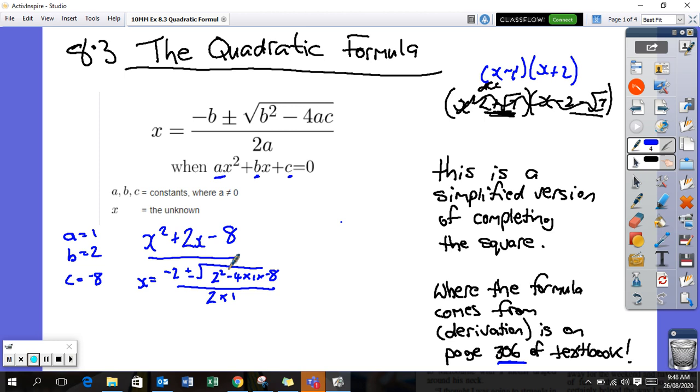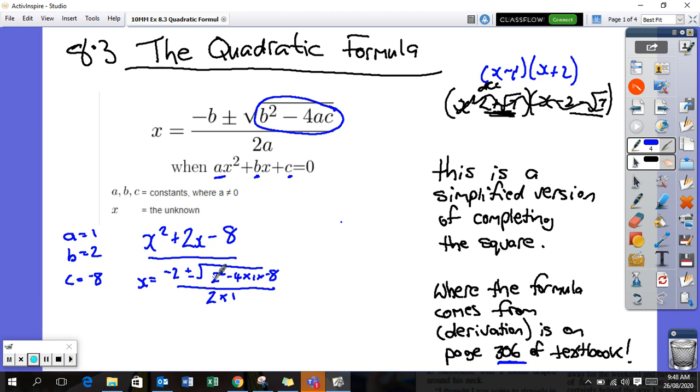Now I'm going to work out this bit first. I'm always going to work out this bit here first, and then you'll find out that becomes quite important as to how our solution works.